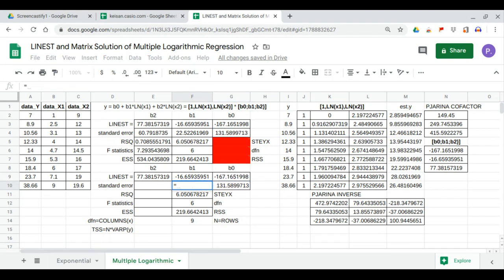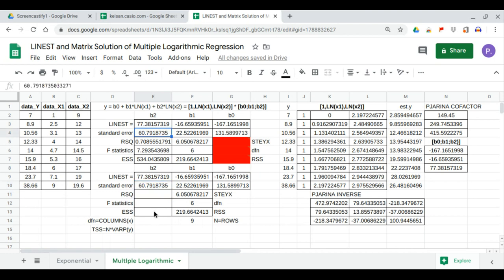The standard error value of b1, which is again s_y.x times the square root of the pre-inverse trace 2, is 22.522, which matches our LINEST output. And the standard error value of b2, which is again s_y.x times the square root of the pre-inverse trace 3, is 60.79, which matches our LINEST output.